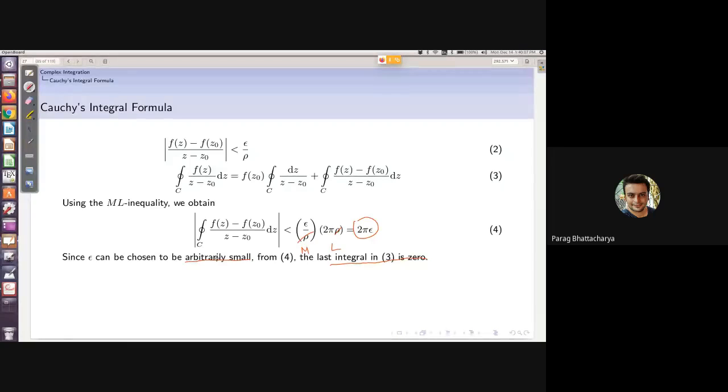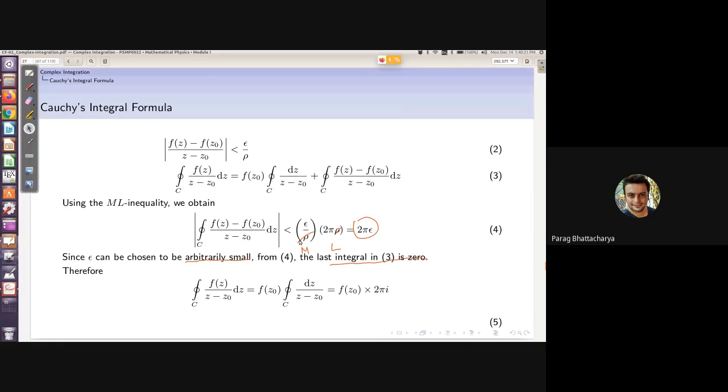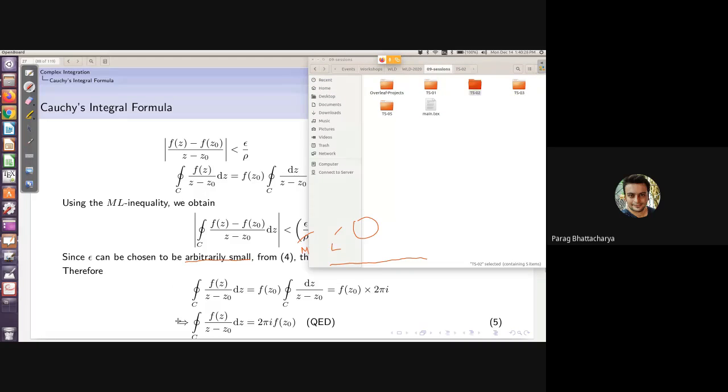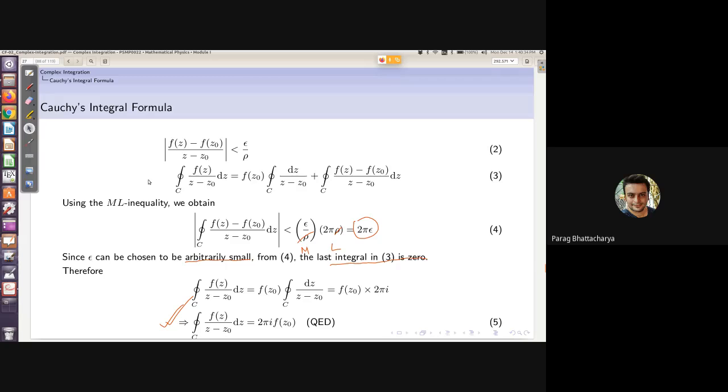If I choose epsilon to be 0.000001, then the last integral will be even smaller than that. So we can set the last integral to 0. Once we set the last integral to 0, only the first integral remains, and this result we already know. That result is equal to 2 pi I. So this gives us the Cauchy's integral formula. Is this clear? Everybody?